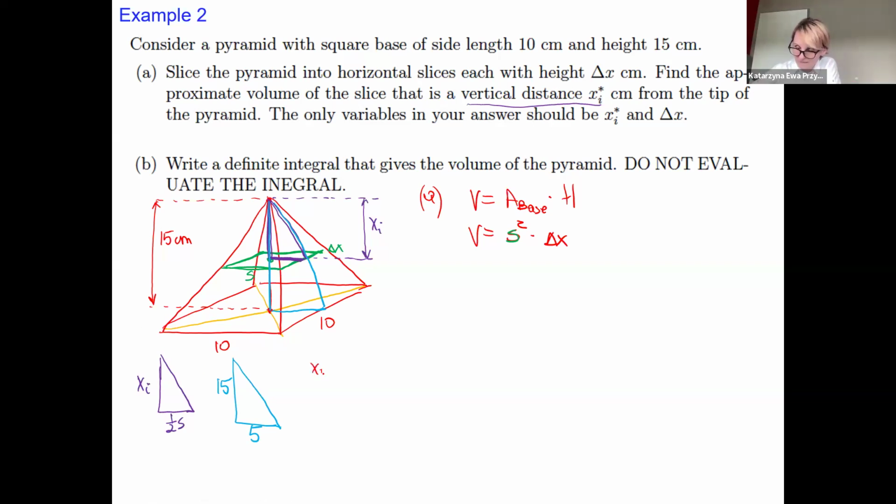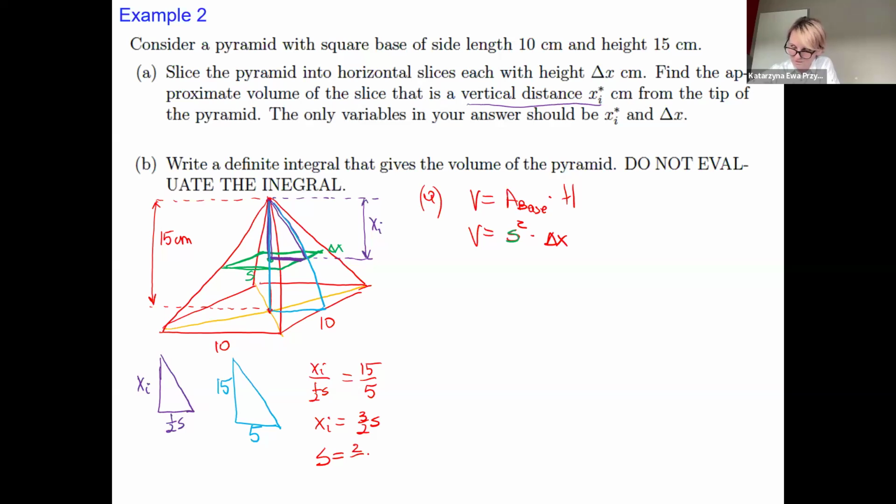Let's get the ratio: x sub i over half s, height over base. That means x sub i equals 3 times half of s, 3 halves s, and then s will be 2/3 x sub i.